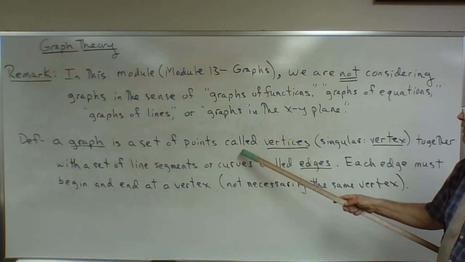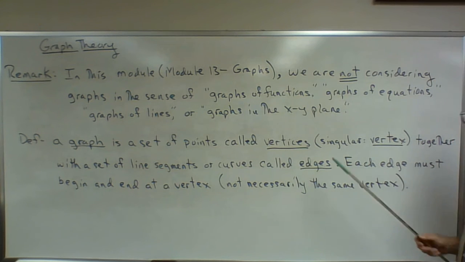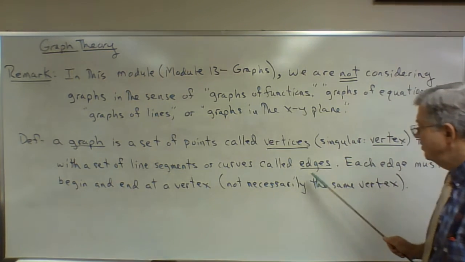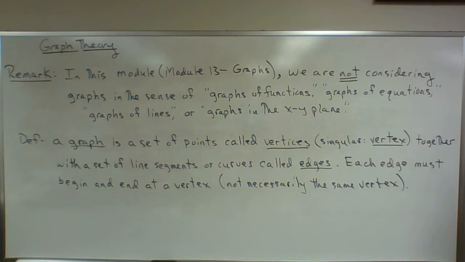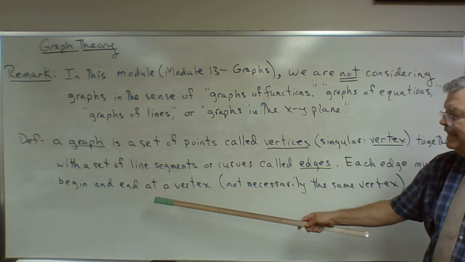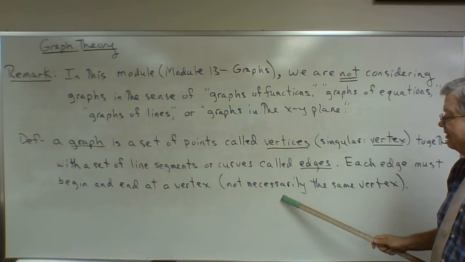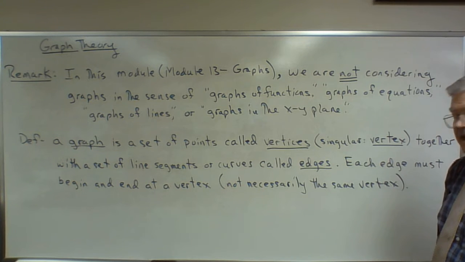A graph is a set of points called vertices together with a set of line segments or curves called edges. And each edge must begin and end at a vertex, not necessarily the same vertex.